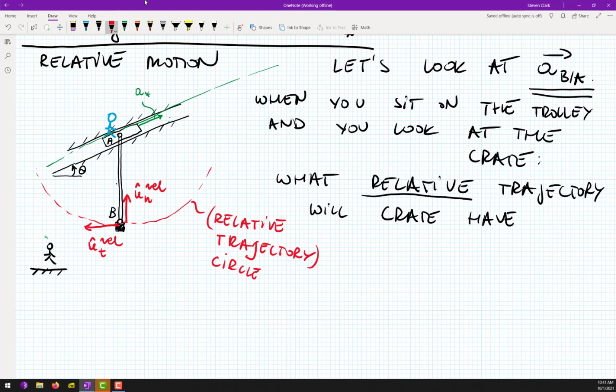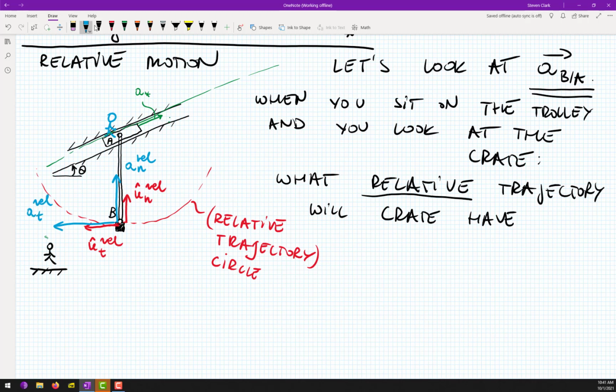So our B in this coordinate system has these components.